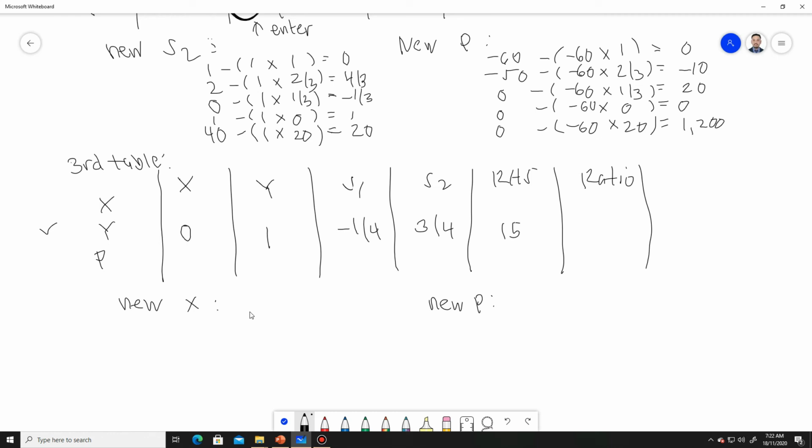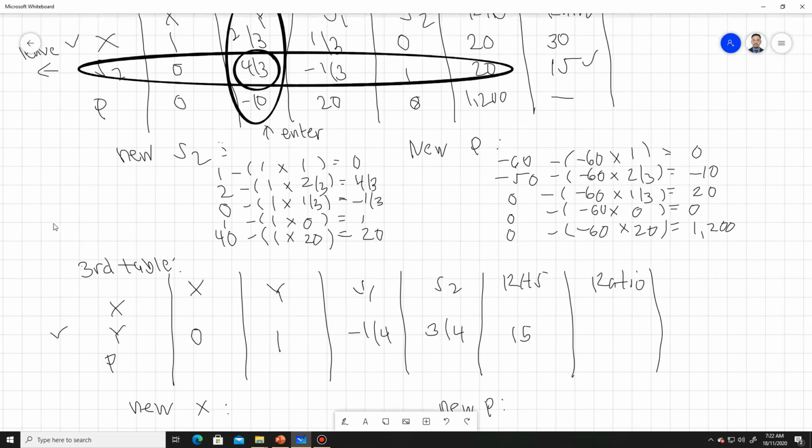So again, yung formula natin, no, elements in old row minus intersectional elements of old row times corresponding elements in the replacing row. So sa x, ano yung elements in the old x row? Nandito siya, no?